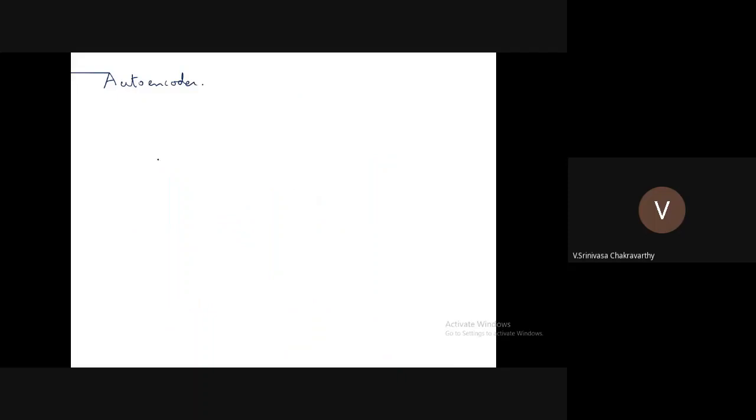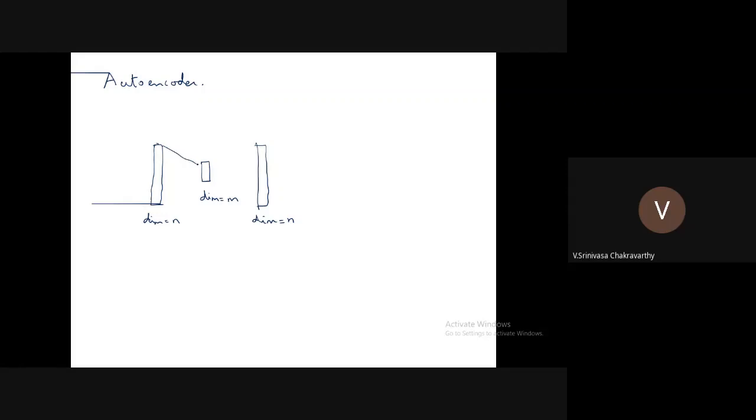So I can think of an MLP which has an input layer of dimensionality n and a hidden layer of dimensionality m, and an output layer again of dimensionality n.